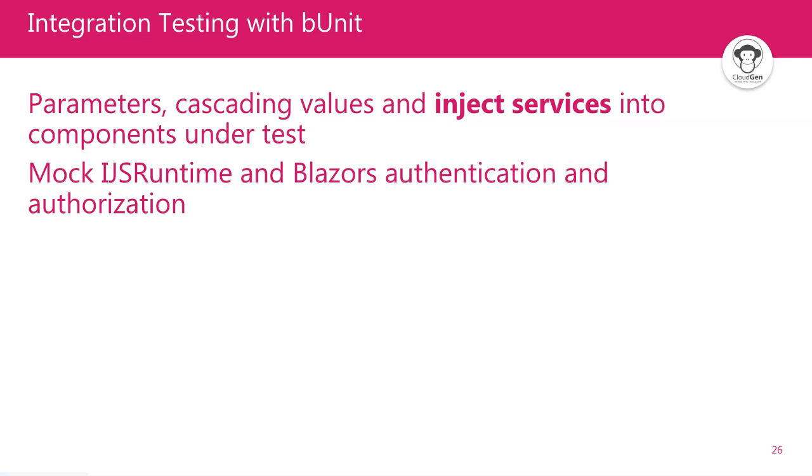We can also bring in mocking libraries and mock some of those injected services. We can inject things like the JavaScript runtime and mock its behavior, because in these unit tests we don't have a browser, so we don't technically have JavaScript, so we can mock that out. We can mock authentication and authorization as well.